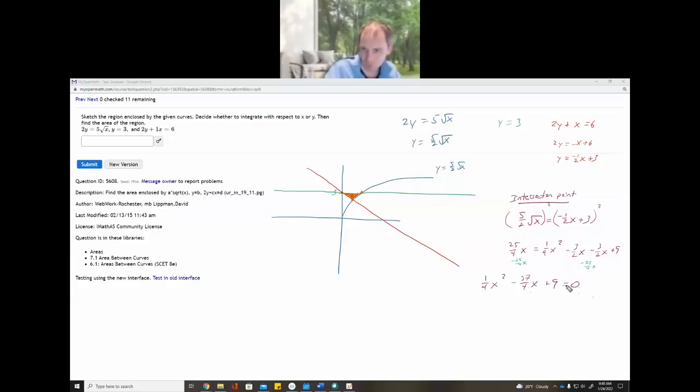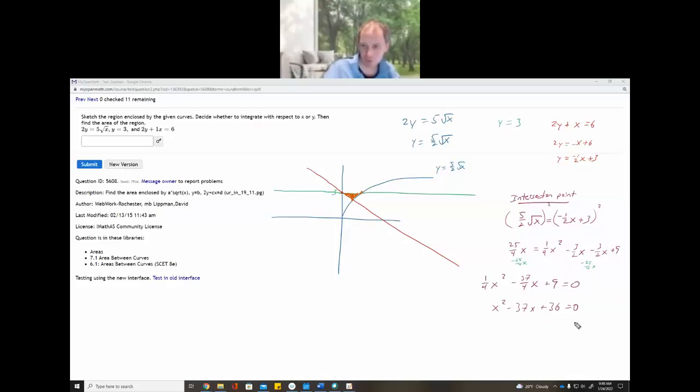Hopefully. If I did my arithmetic wrong, please double check me on that. I don't like to have all of these fractions, and since my denominator is 4 for all the fractions, it's not necessary, but I'm just going to multiply everything by 4. And this is a much nicer looking quadratic that I have to solve.